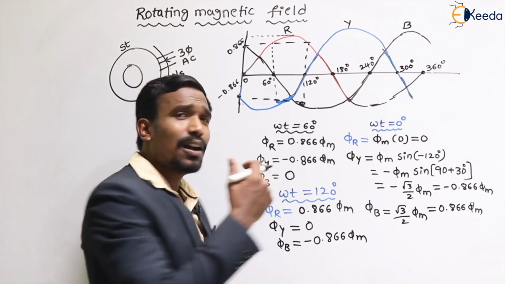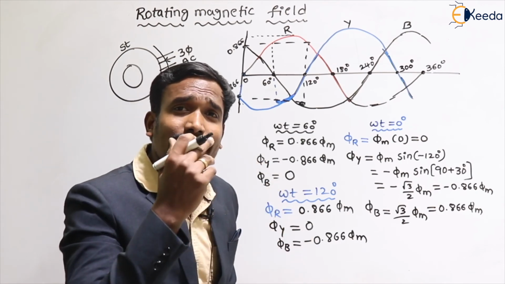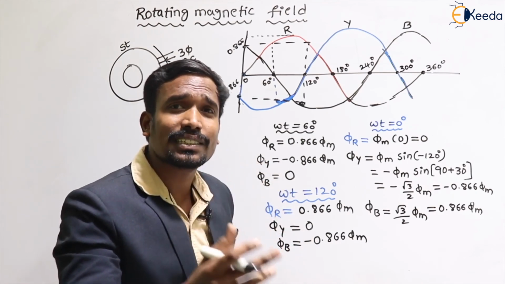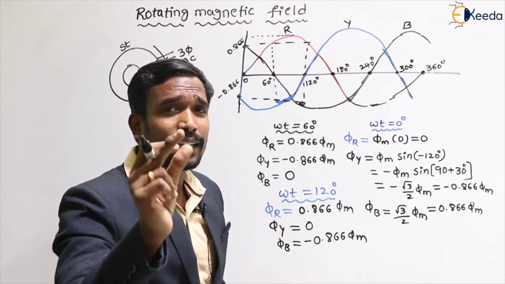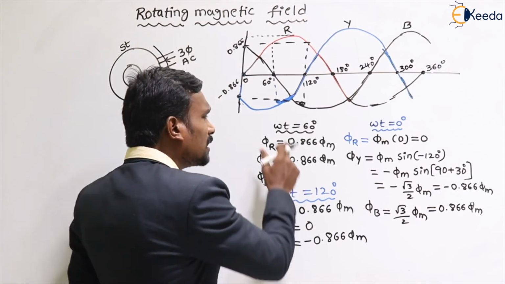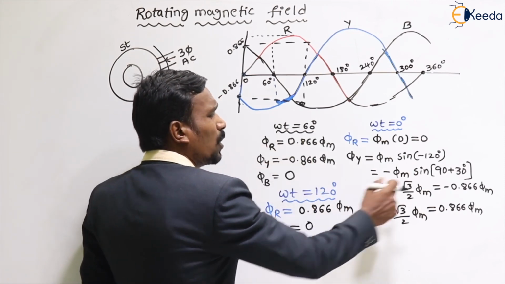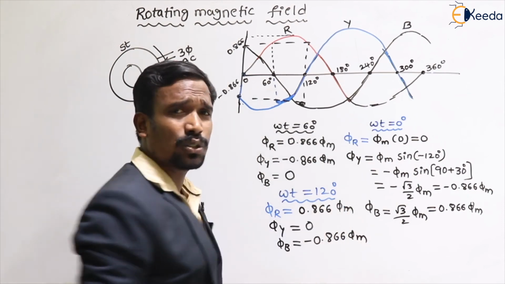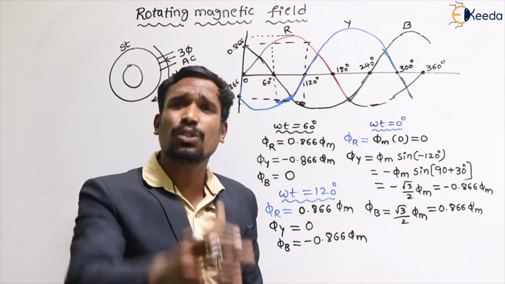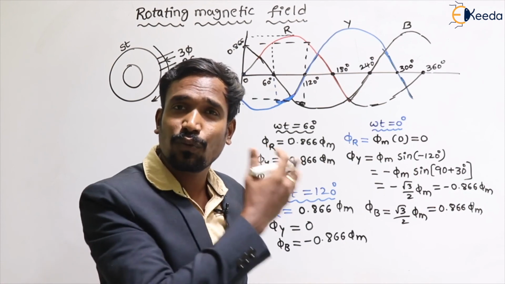After that, we have to go for resultant flux calculations also. We have to observe what is the resultant flux of these two, and what is the resultant magnitude of our flux.